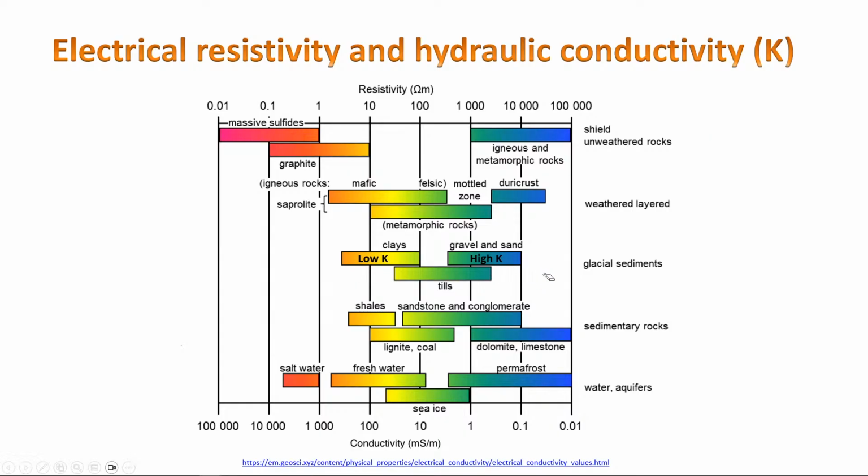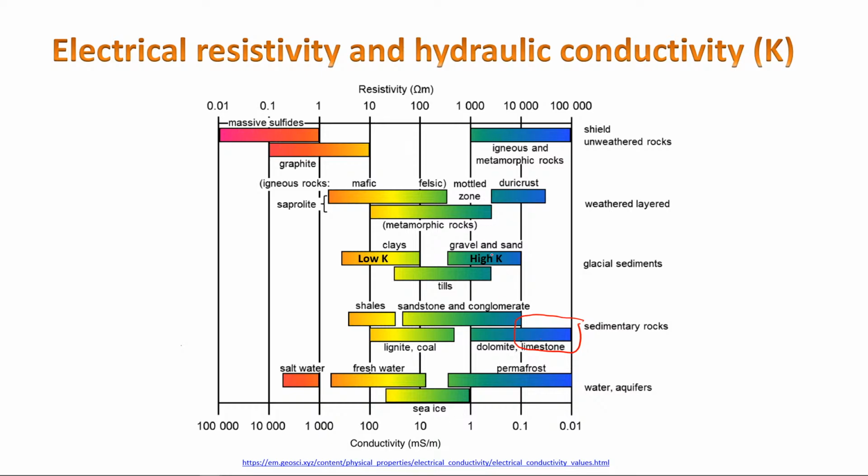Let's look at limestone. So where is limestone here? These are metamorphic rock, these are igneous rock, this is shale, and here you see limestone. Limestone has a very high electrical resistivity.